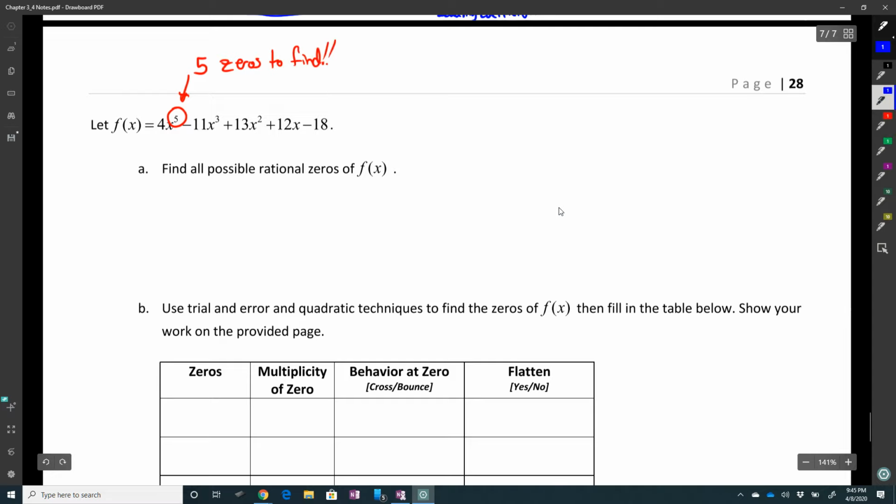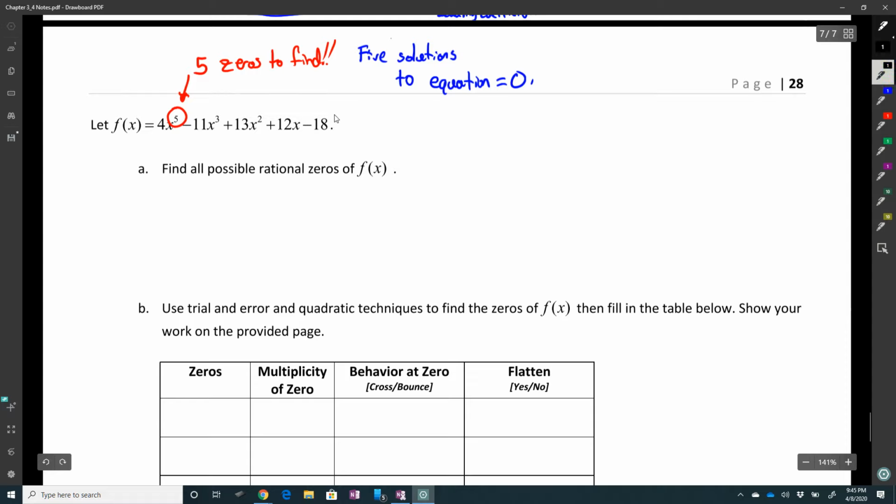And again, remember, a zero is a solution to the equation equals 0. So I don't know what they are yet, but I know that since it's degree 5, if I set this equal to 0, I'm going to have 5 answers.